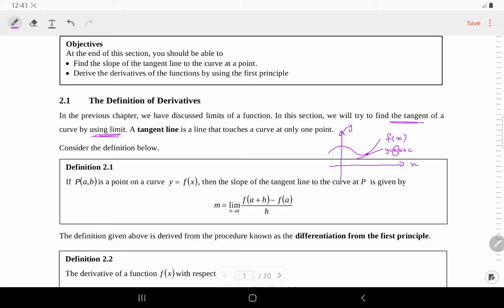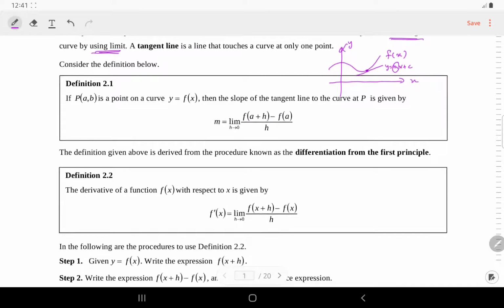From where did they find this formula? Actually, this formula is derived from definition 2.2. In definition 2.2, we have this formula, which is called differentiation from the first principle. The formula is f prime x equals limit h tends to 0 of f of x plus h minus f of x, divided by h.